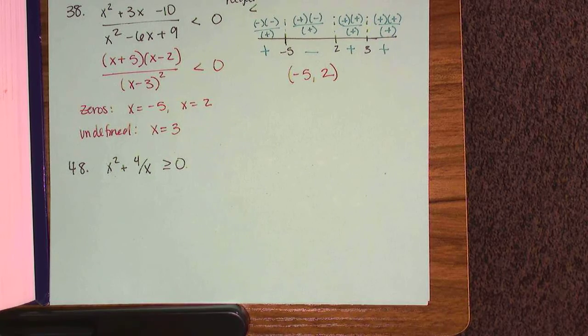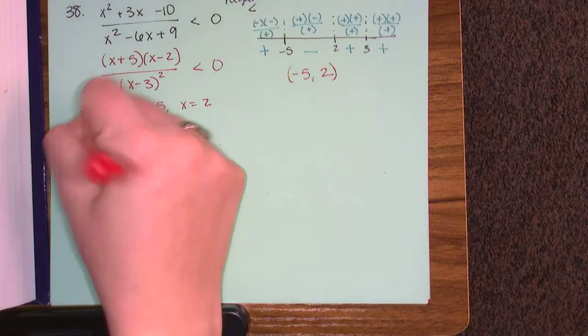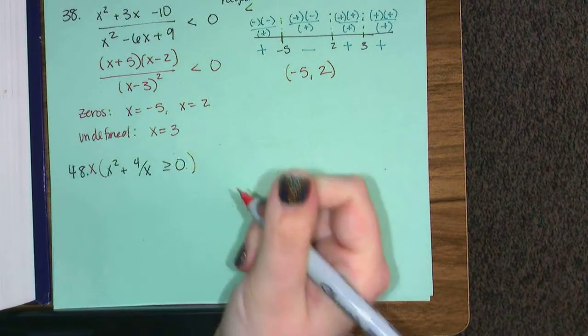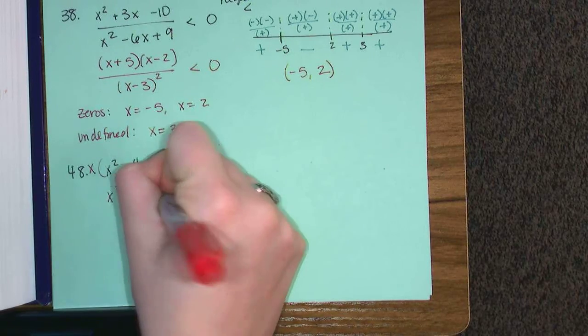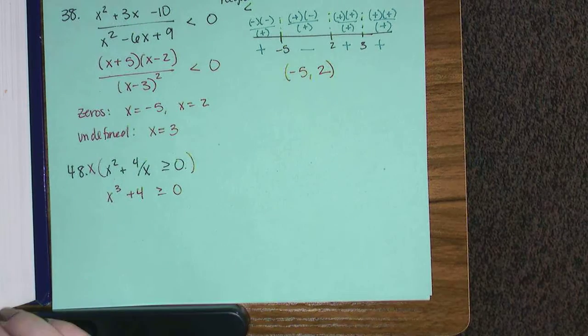So how would I do that? Okay, multiply the whole thing by x. So that gives me x cubed plus 4 greater than or equal to 0. Now what? Is there anywhere that it's undefined? Nope. So I don't have to worry about that. How about my zeros?